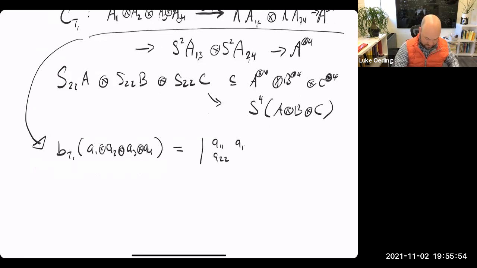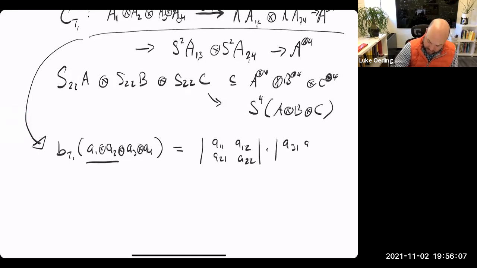This determinant times this other determinant, A31, A32, A42.